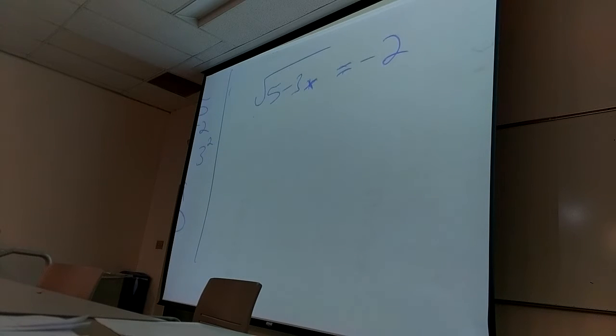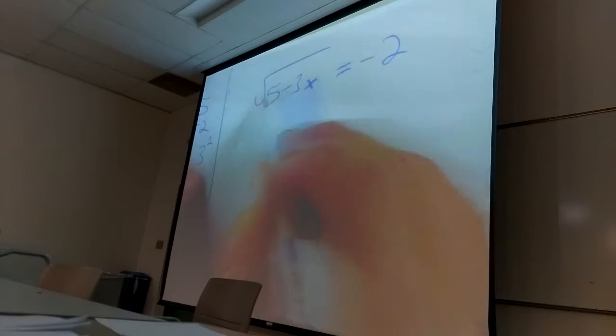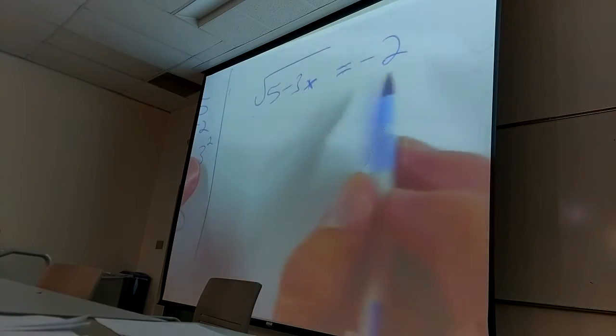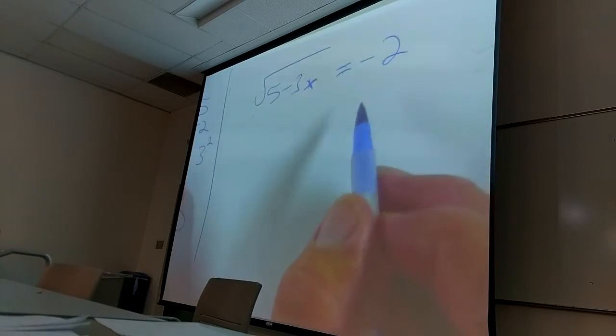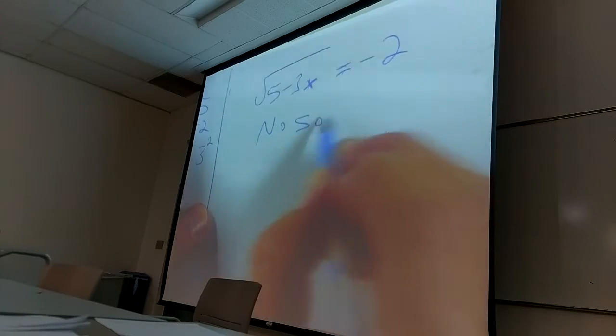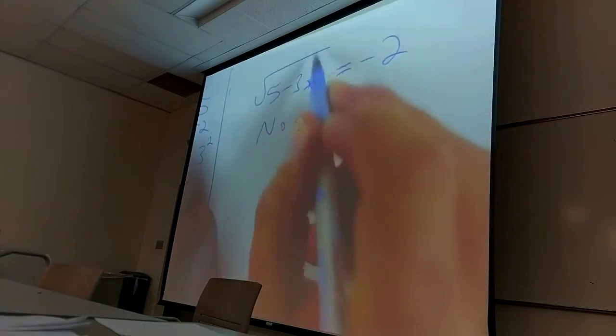It's not even a complex number that would help this guy out directly, because a square root is defined to be the positive root, so there's really no way to make this work. It's a definition problem, so there's no solution.